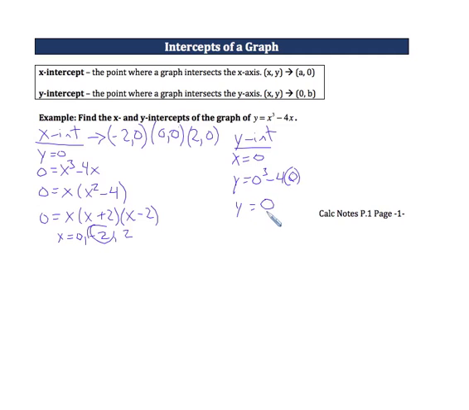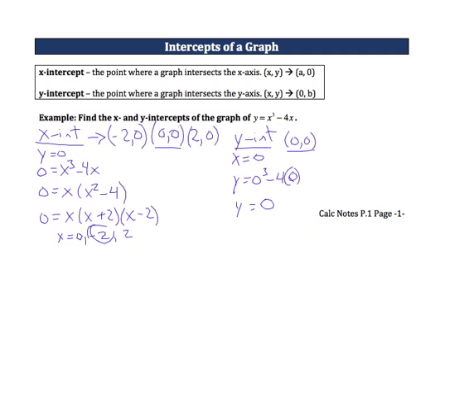And it's the only solution. So the y-intercept here, x is 0, y is 0. It's the point (0, 0). Now notice the (0, 0) is going to be an x-intercept and a y-intercept, and this is how to find the intercepts. Also tells us some information about the graph.